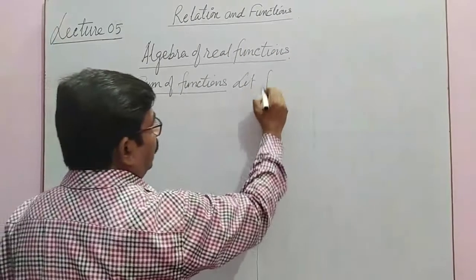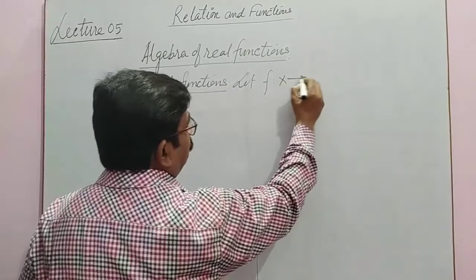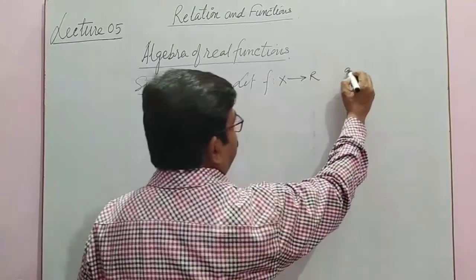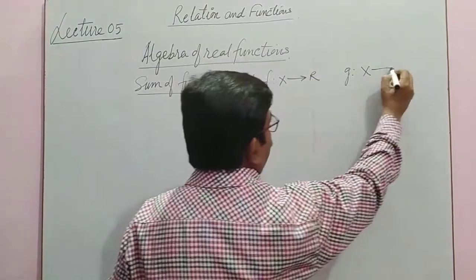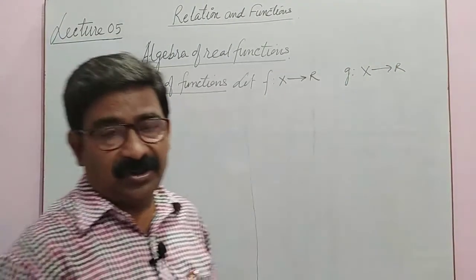Let f: X to R and g: X to R, meaning f(x) and g(x) are two functions.